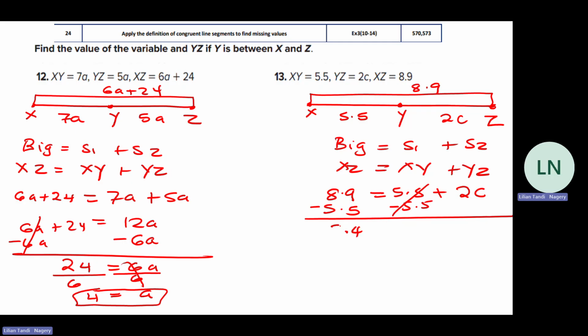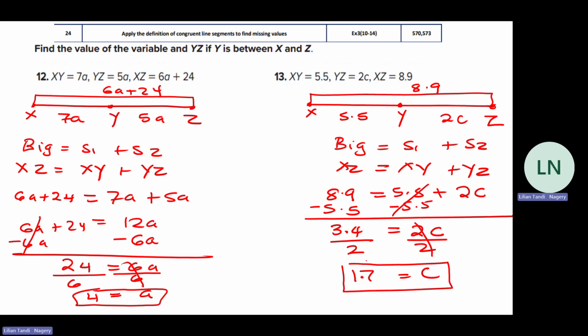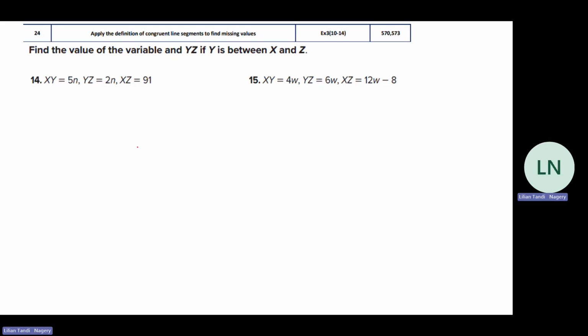We have 2c, divide by 2, divide by 2. This goes away, we are left with a decimal. Box your answer. Box your answer. Make sure you check your work, please.